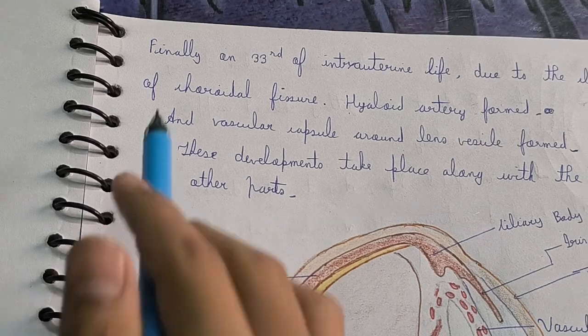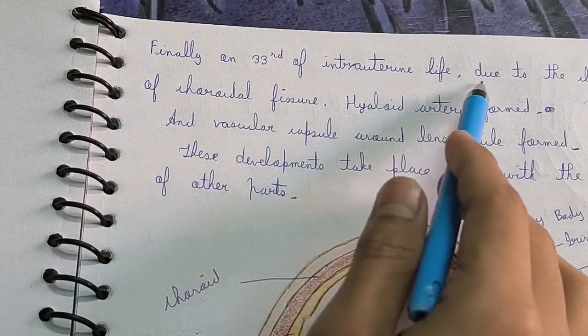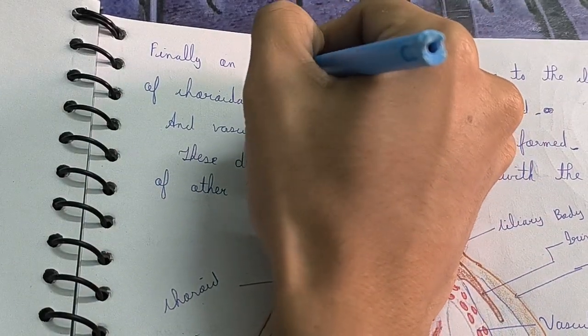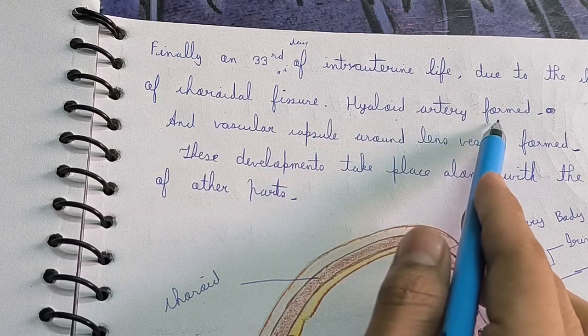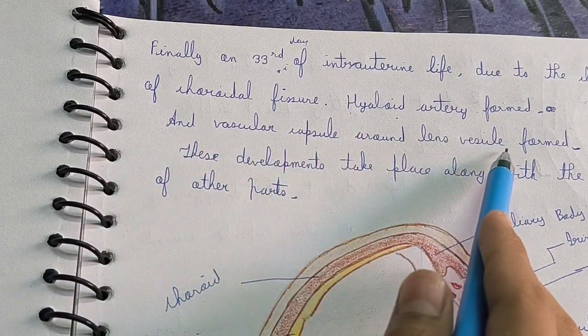So finally, on the 33rd day of intrauterine life, due to closure of the choroidal fissure, the hyaloid artery forms and also the vascular capsule around the lens vesicle forms.